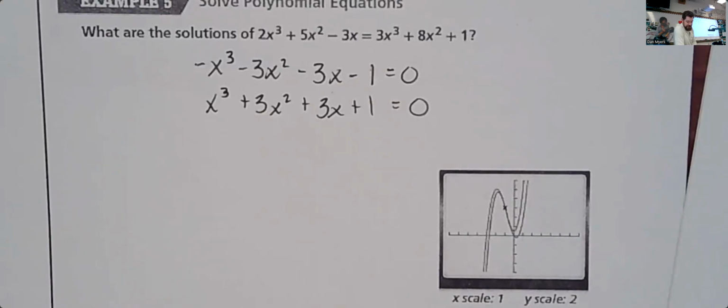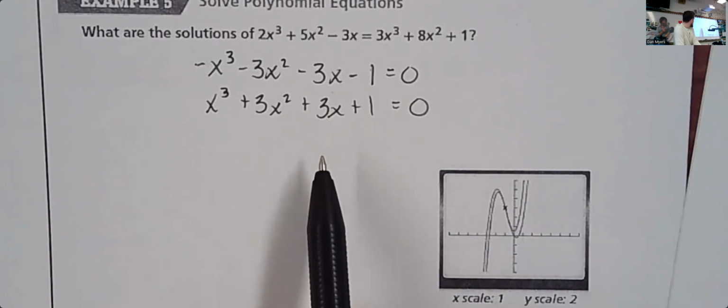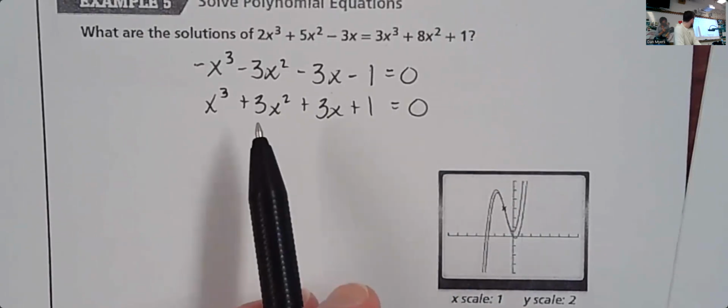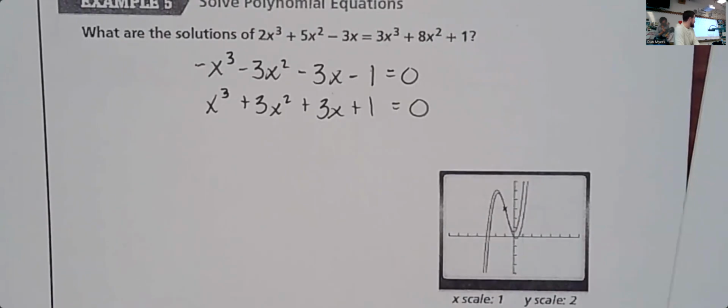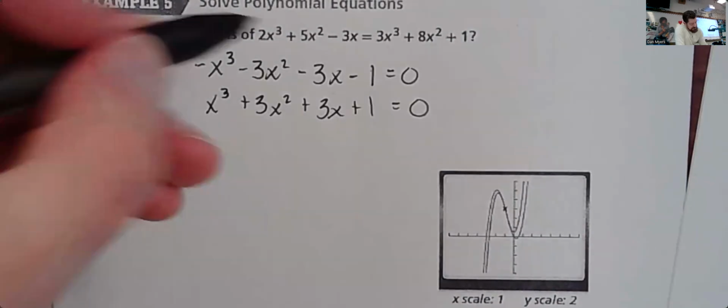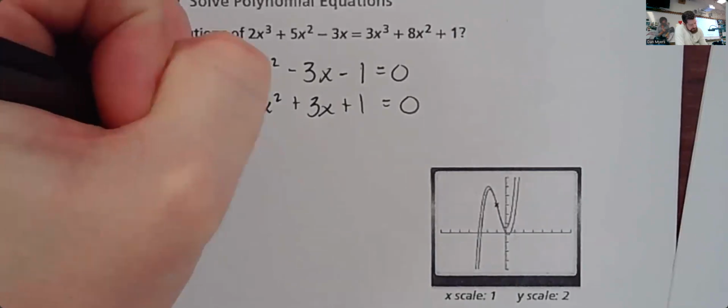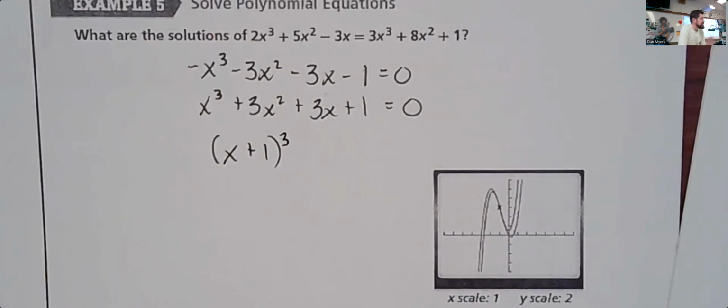Because these are being added together, and we see a plus 3x plus 1, we've got 3, 2, 1, 0 with our variables and exponents. This actually is x plus 1 cubed, because it fits that binomial theorem.